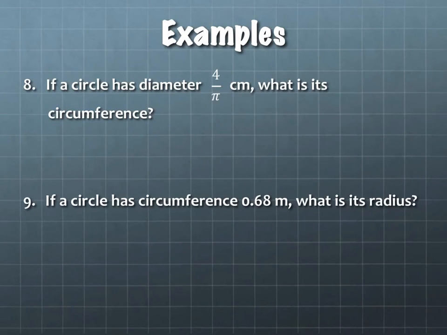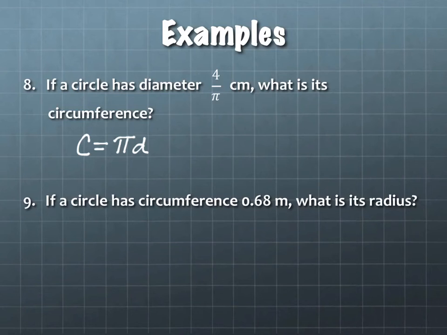All right. So we're going to take a look at some examples of this. Example number 8 says the following. If a circle has a diameter of 4/pi centimeters, what is its circumference? Because we're given the diameter, we might as well use the circumference formula that has d in it instead. So what is that formula? Yeah, pi d or d pi.